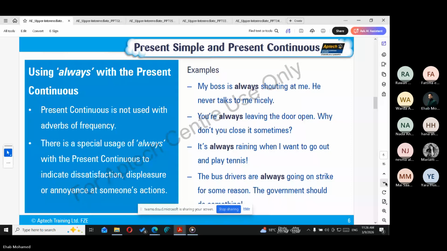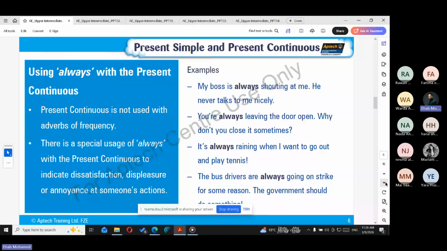Okay, ممكن. My boss is always shouting at me. He never talks to me nicely. خلي بالك من ال word stress. في حاجة اسمها sentence stress وفي حاجة اسمها word stress. Okay?